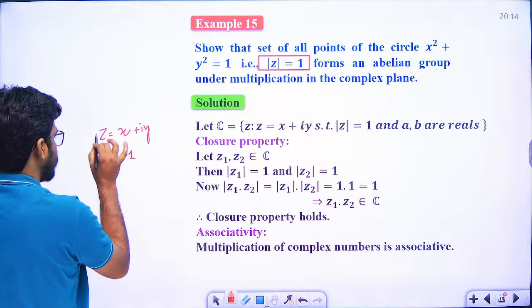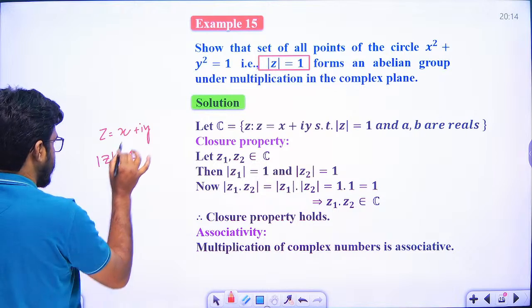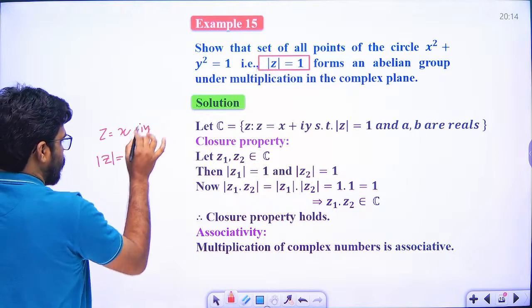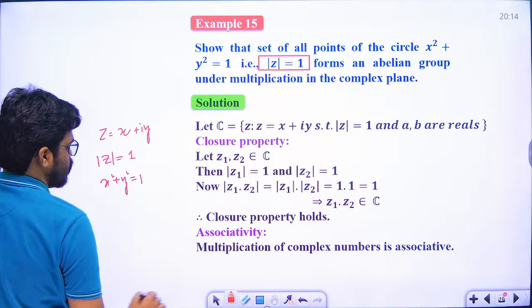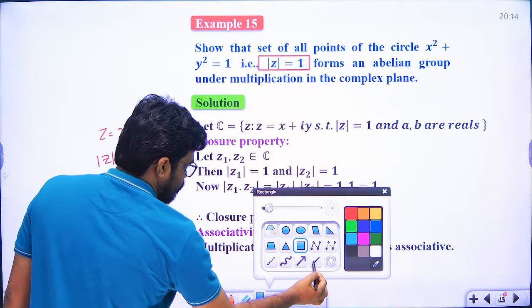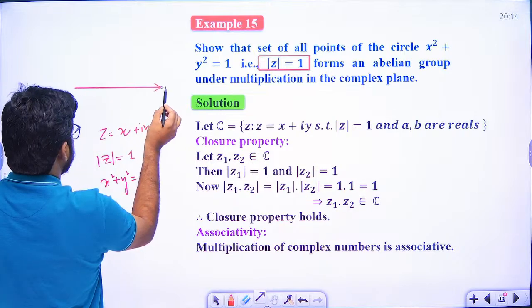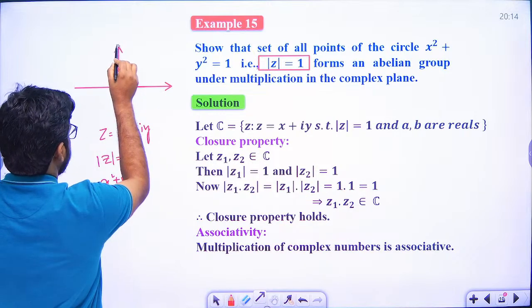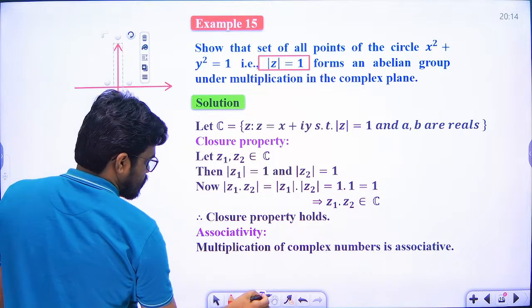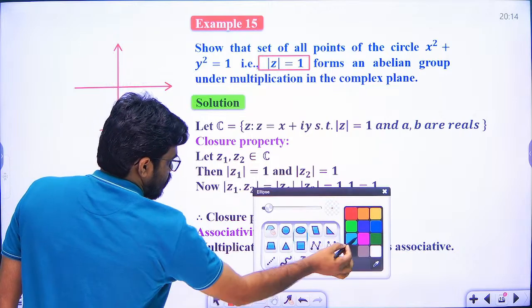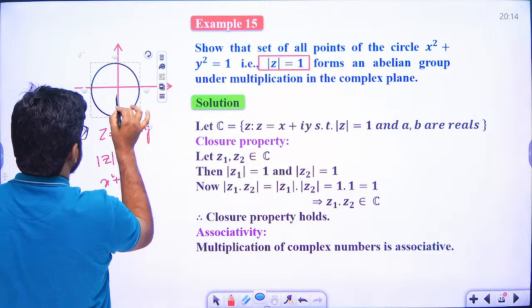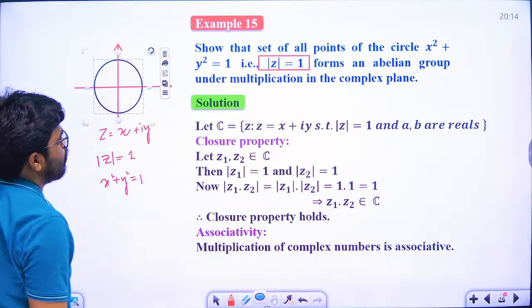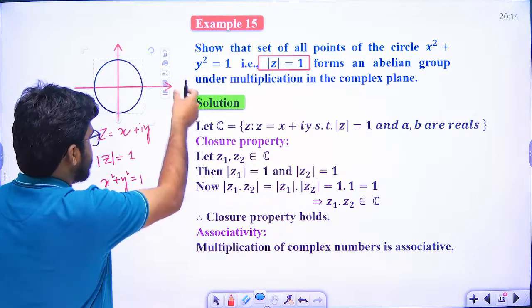If we take the modulus, we get root over of x square plus y square. That means x square plus y square is equal to 1. That means it is a unit circle, a circle whose radius is 1, with center at the origin.